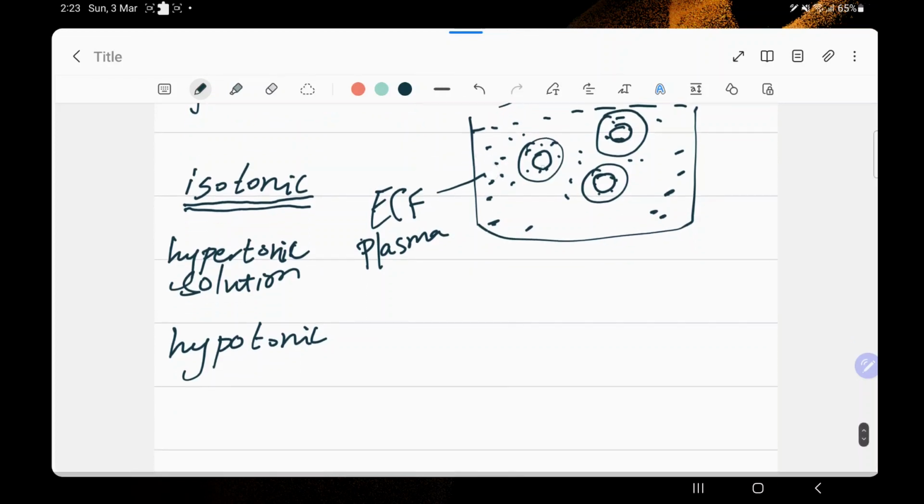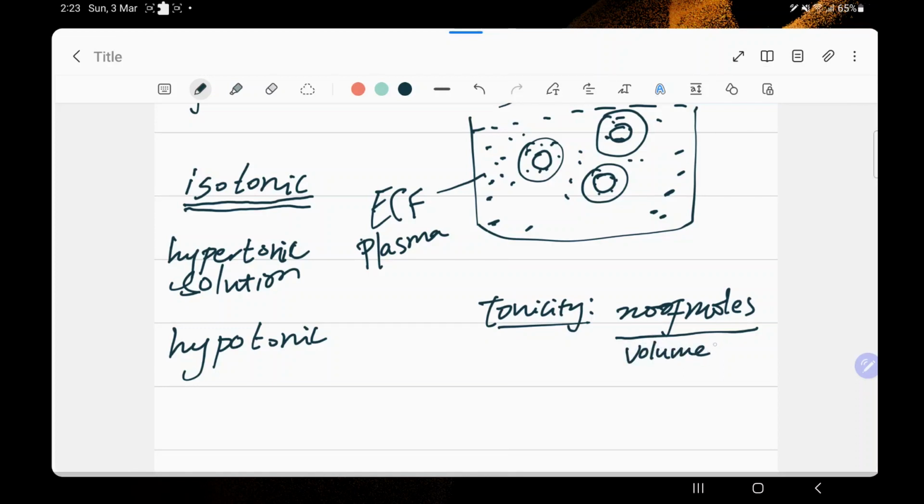And if the inside and the outside of the cell matches, or two different compartments, the number of salts match, they are isotonic. So this tonicity is calculated by the number of moles of a particular substance which you put in one side of the compartment, which stays in that compartment, divided by the volume of that compartment which the salt is in.